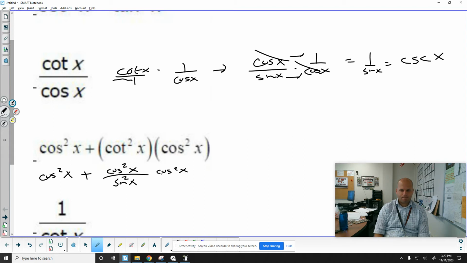Don't like that. Are you sure it's that tangent? I guess not. Let's see what happens. Is this negative?